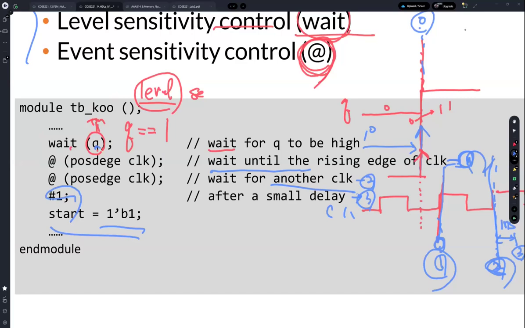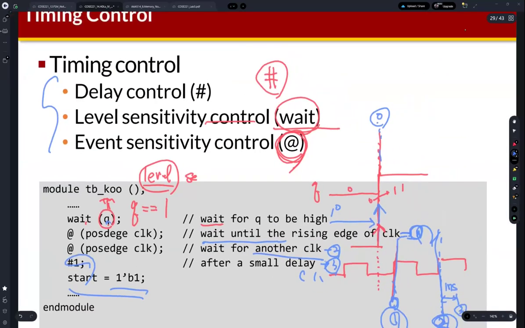So using these different types of timing control syntaxes, we can control the timing of signal generation. It may be tricky because it's somewhat different.